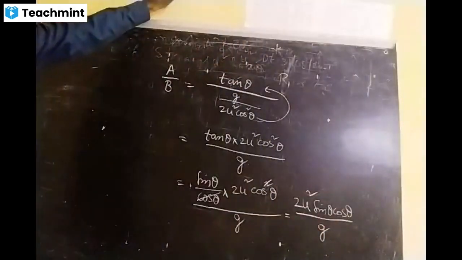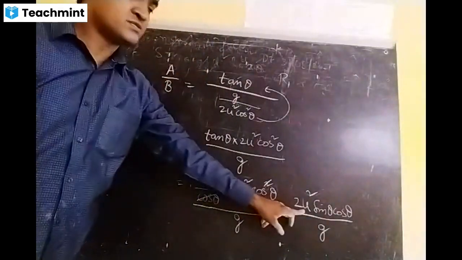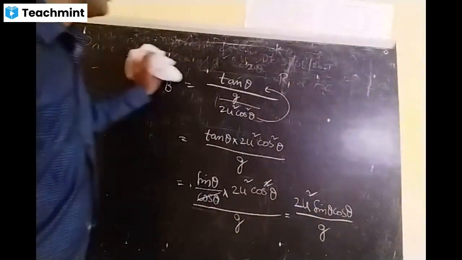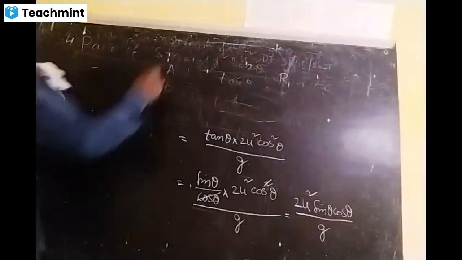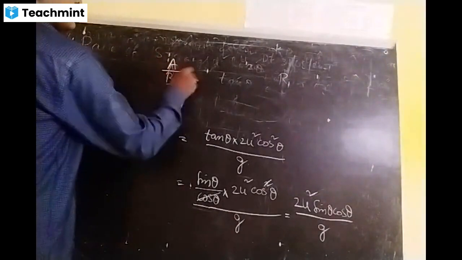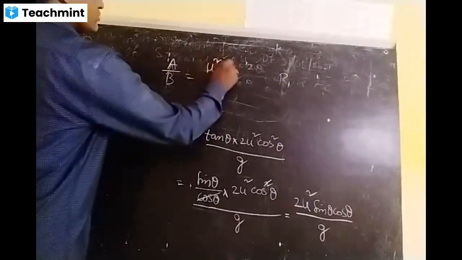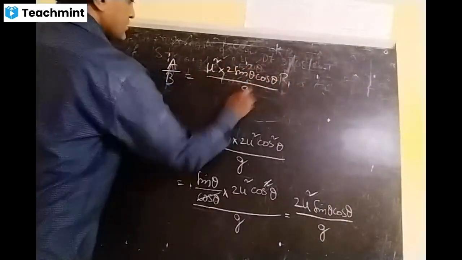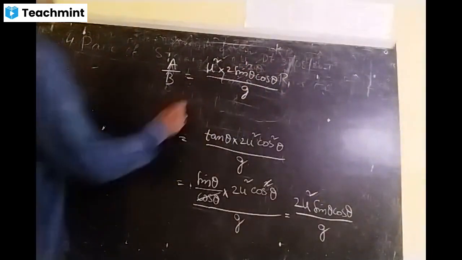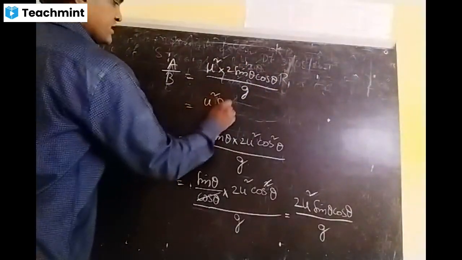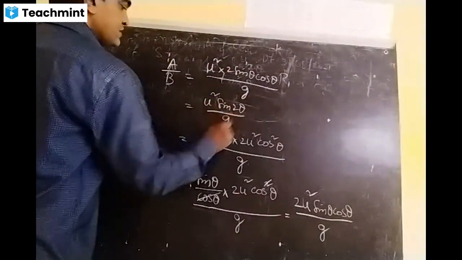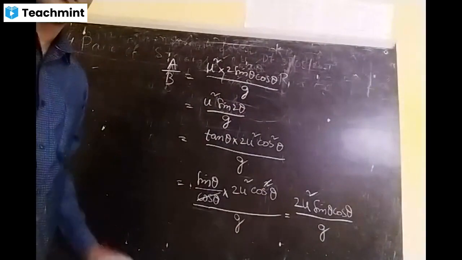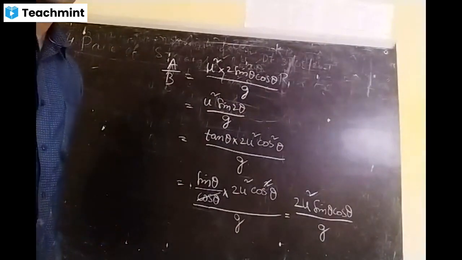Now I can write this as u square into sin 2 theta by g. So A by B is u square into 2 sin theta cos theta upon g. This 2 sin theta cos theta is nothing but sin 2 theta. U square sin 2 theta by g is the formula for range.